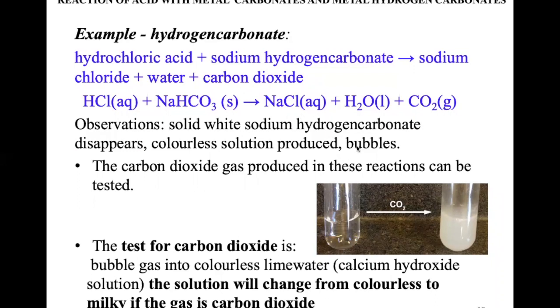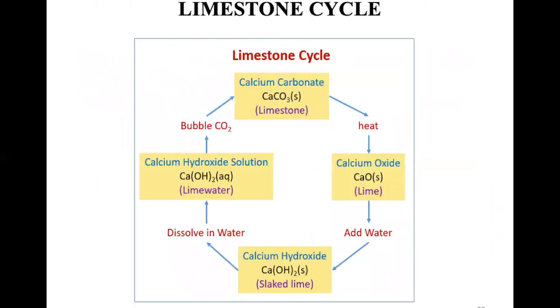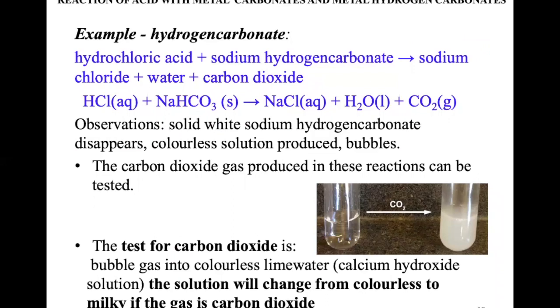Bubbles are formed and those bubbles are carbon dioxide. So we need to test for carbon dioxide like we did for the hydrogen gas. For hydrogen gas, we know that when you bring a burning matchstick, the gas burns with a pop sound, it is hydrogen gas. Similarly, for carbon dioxide, there is a test. In this, the gas will be passed into colorless lime water.